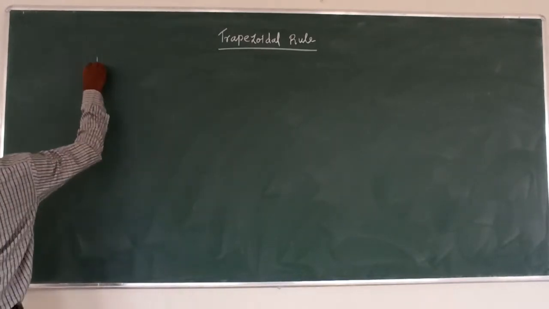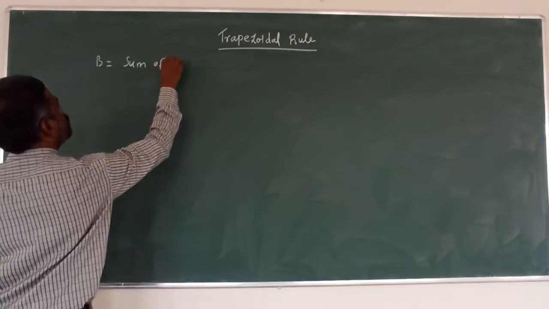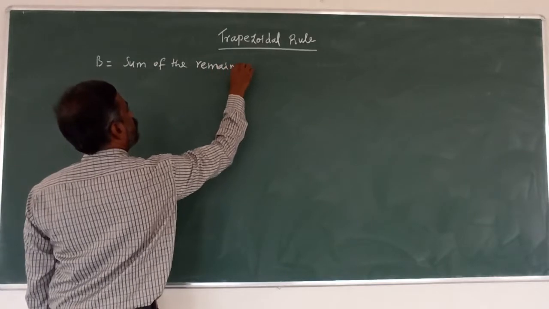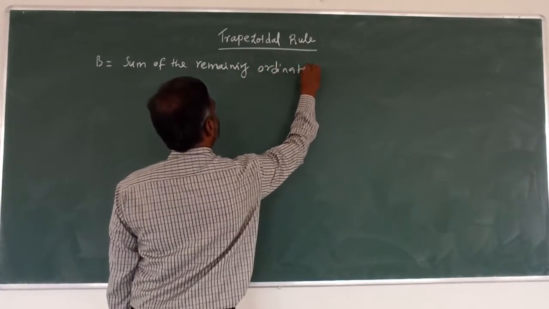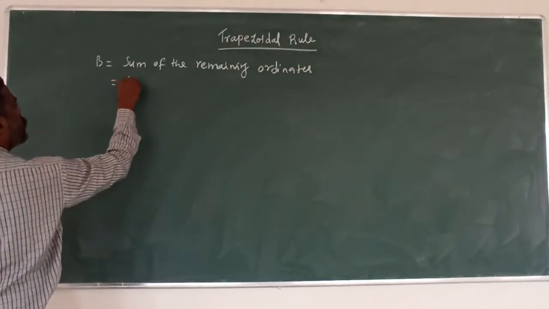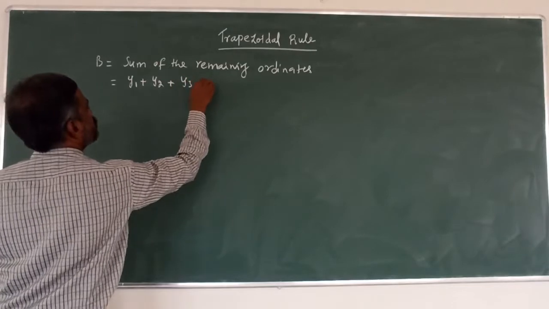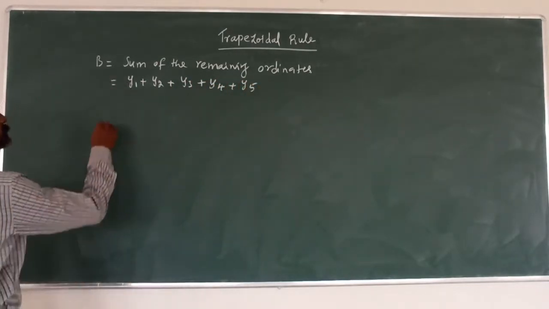B equals the sum of the remaining ordinates y1, y2, y3, y4 and y5.